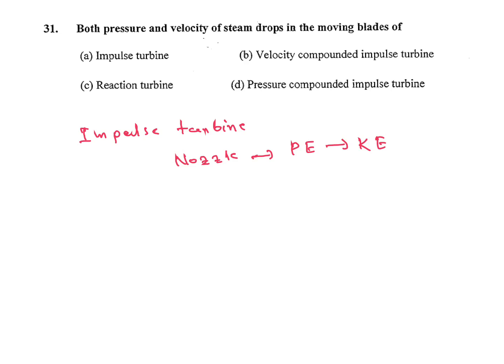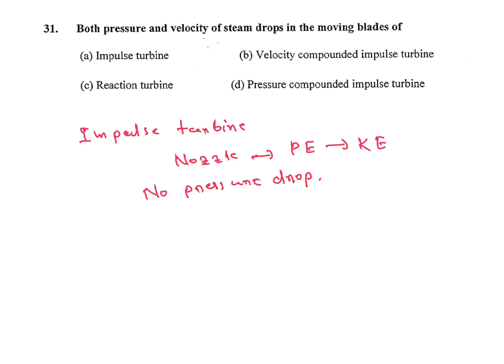In this question, they are asking about pressure drop and velocity drop in the moving blades or turbine blades. In an impulse turbine, no pressure drop in the moving blades. Pressure drop only in the nozzle or fixed blades.